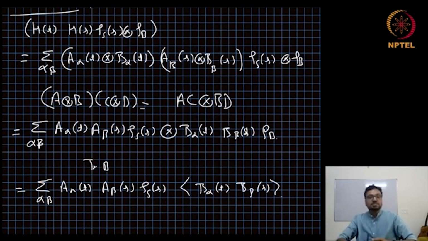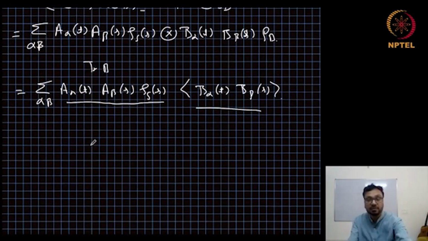So the first term, that is H_t H_s times rho s rho b, traced over the bath degrees of freedom, results in an expression in terms of A alpha, A beta, and rho s, and the expectation value of the product of two bath operators, B alpha at t and B beta at s. And this is the 2-point correlation function in time of the bath operators.